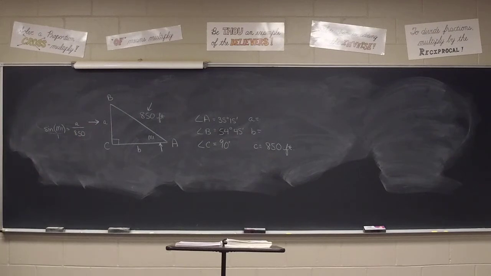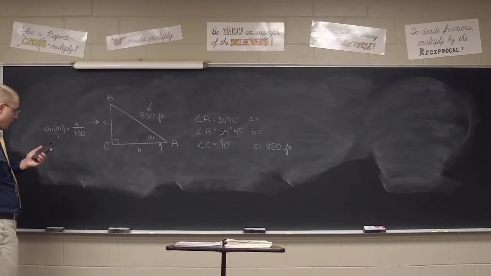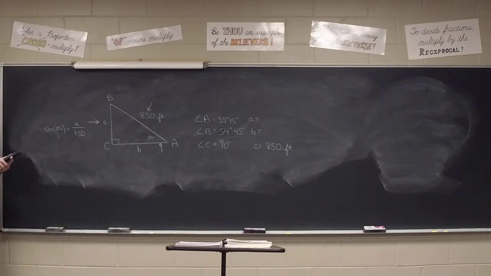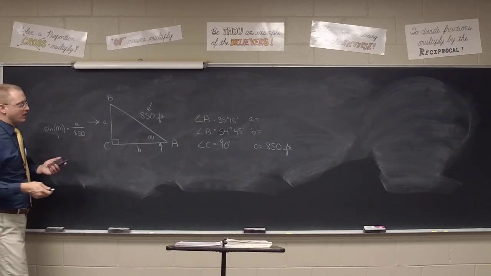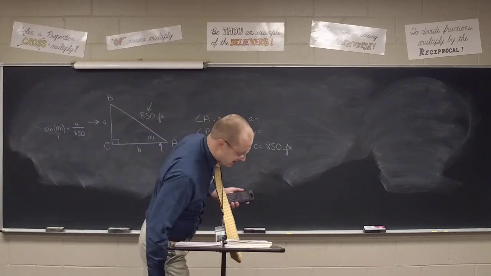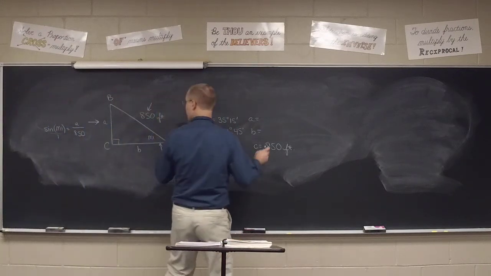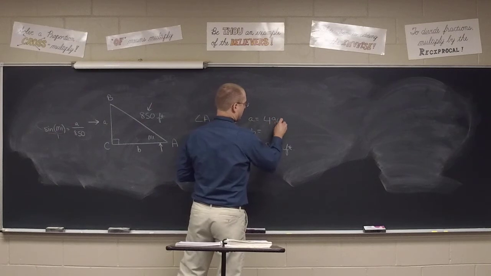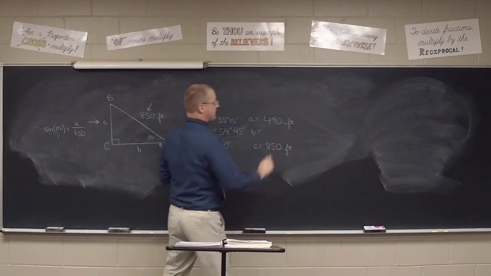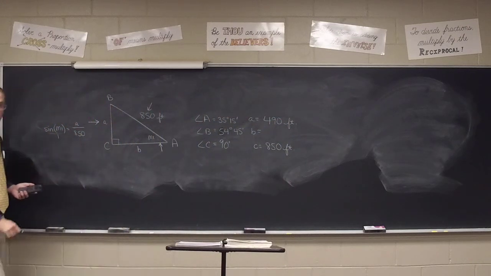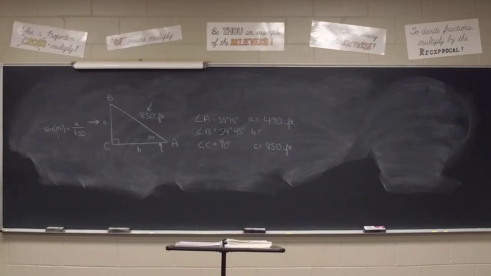And I got 490.57, blah, blah, blah. Round it. Is that an 850 point? It is just 850, so only 2 sig figs. 490 for side A. And don't forget the feet. Keep the same unit they gave us. All good on 490.57?